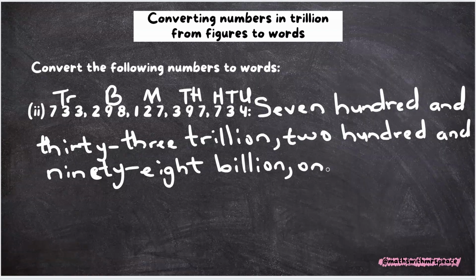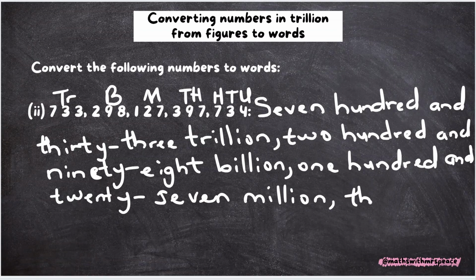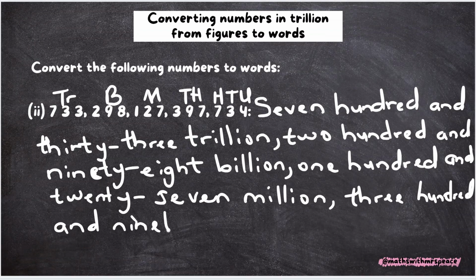comma, 100 and 27 million, comma, that's followed by 300, 397, 397,000.